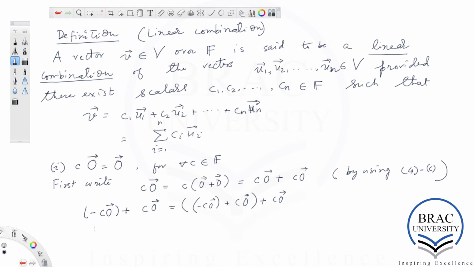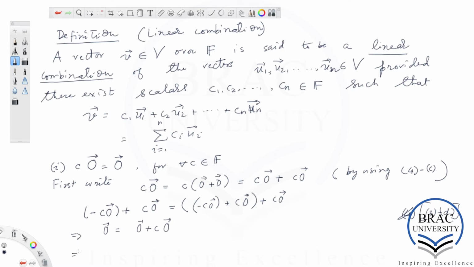then, from the property 3D, we see that this is nothing but the zero vector, and this is again the zero vector added to c times the zero vector.